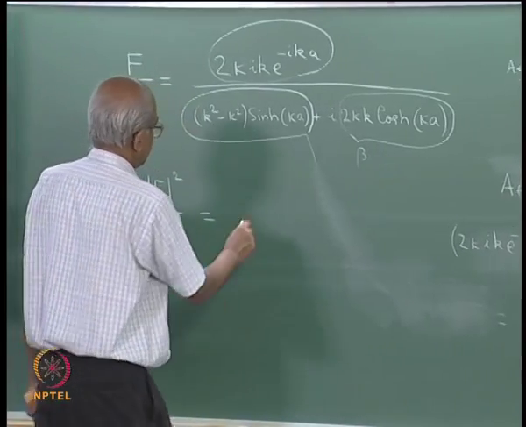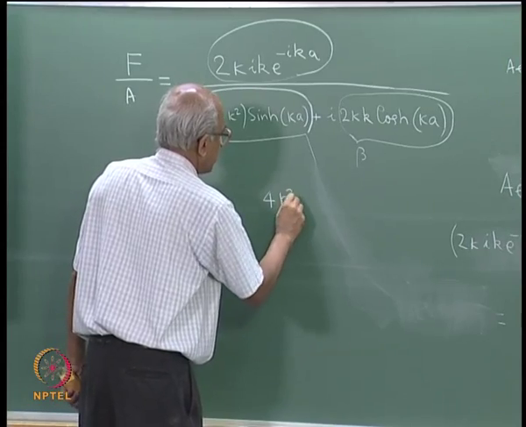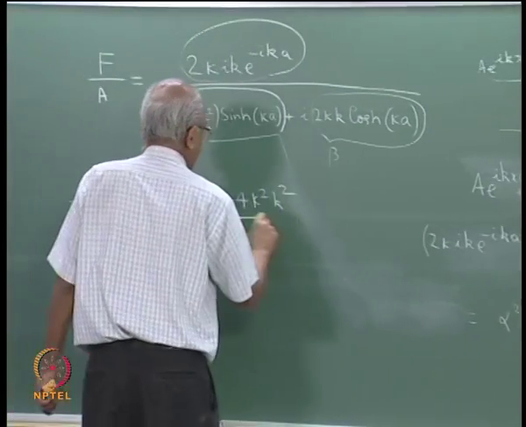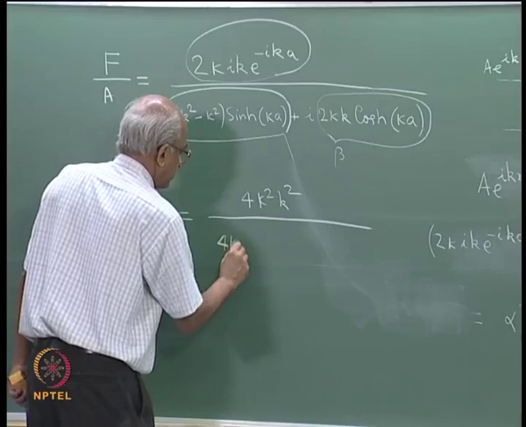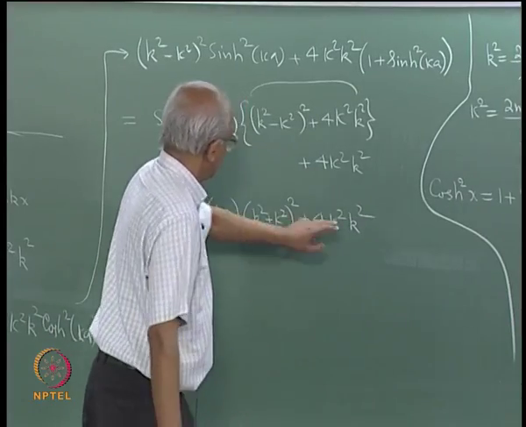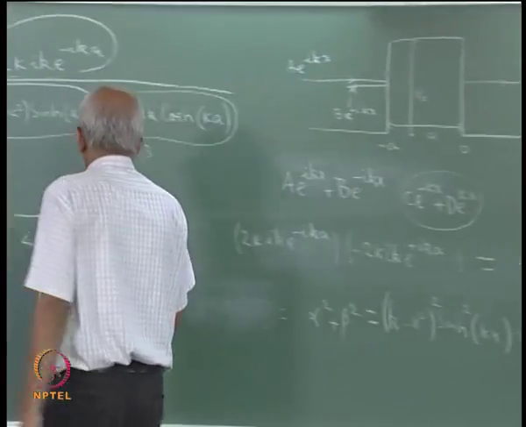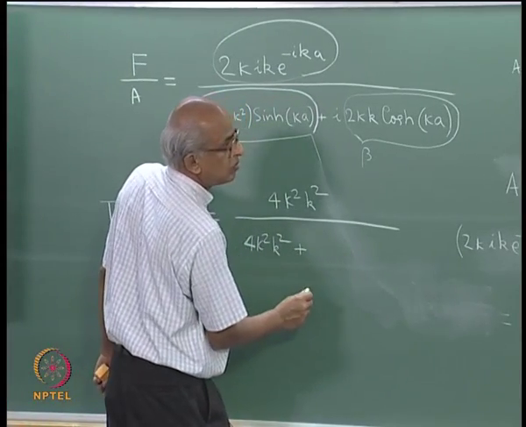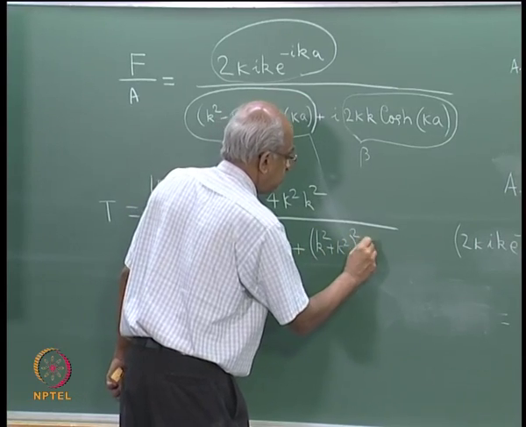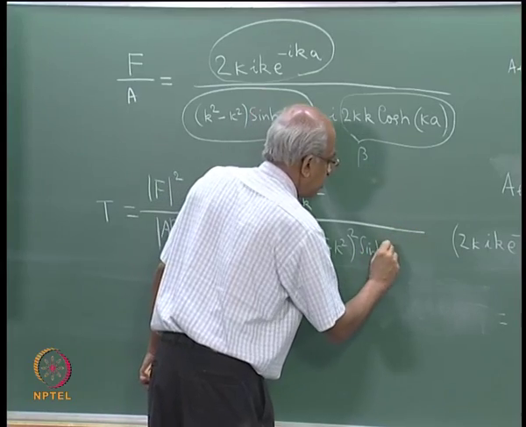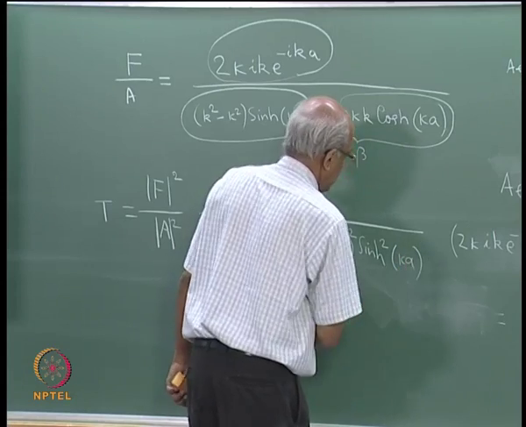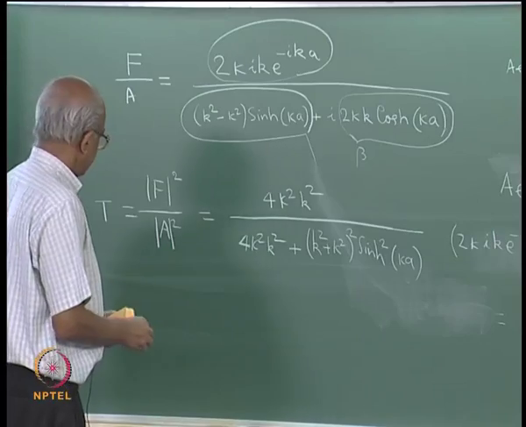If you collect all these results, the result is 4 kappa square k square, that is this term, divided by 4 kappa square k square, that is actually this term that I am writing, so this is the answer for T.